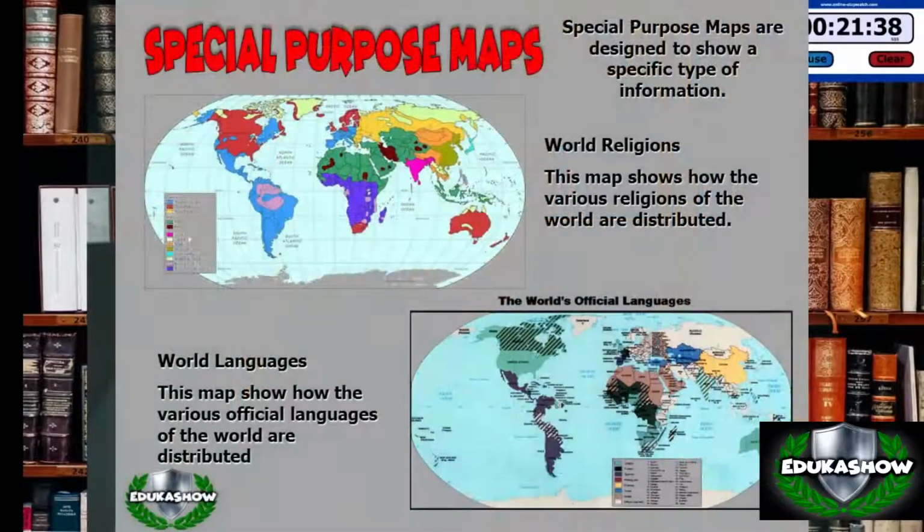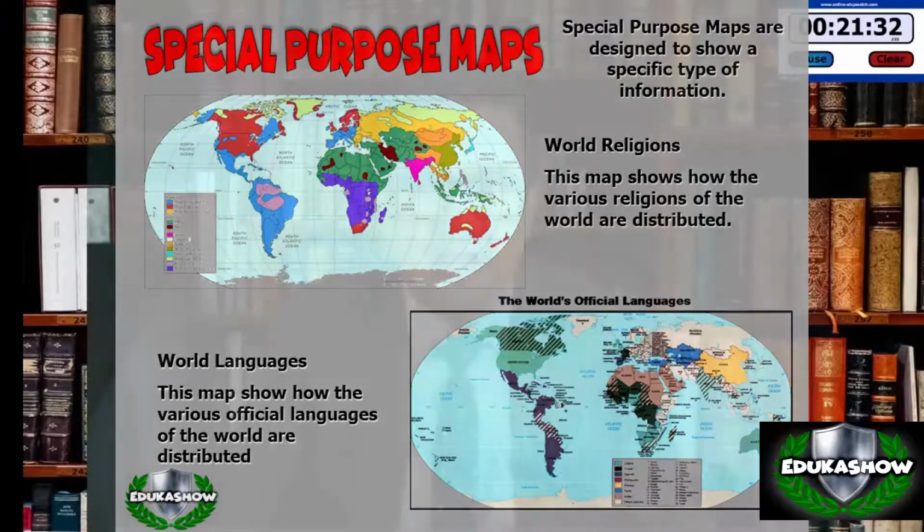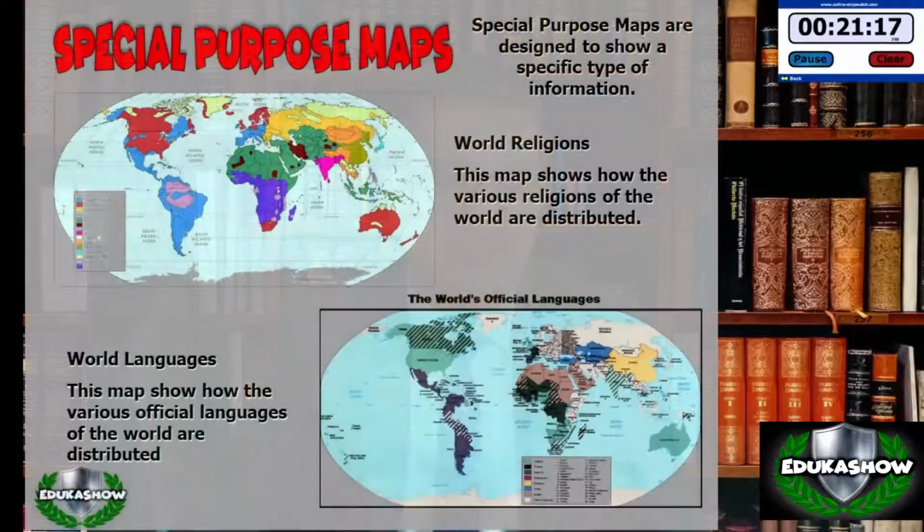In our next slide number 21, we have the special purpose maps. And of course, these special purpose maps are always designed to show a specific type of information. For example, religions. The map from the top is going to be showing how the various religions of the world are distributed.